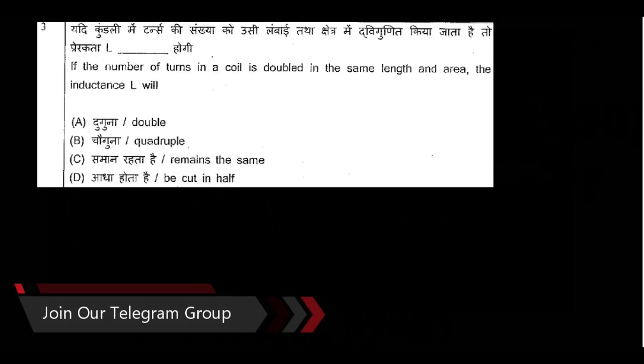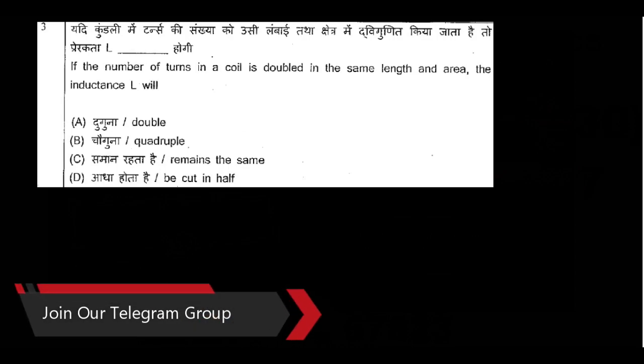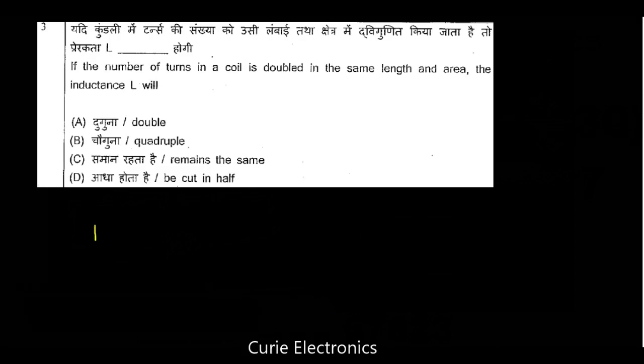The number of turns in a coil is doubled, with the same length and area. The inductance L will? The equation for inductance is mu A N square upon L. Now what is L dash? I am trying to double the number of turns and keep the remaining things constant.